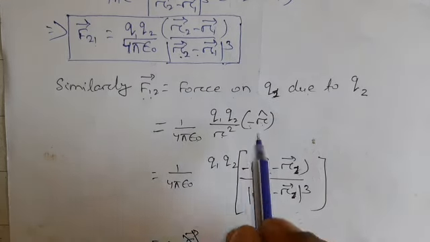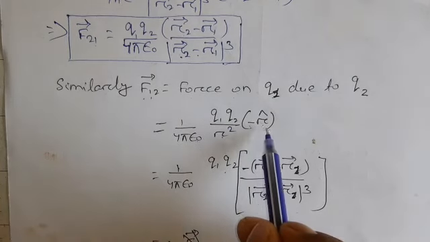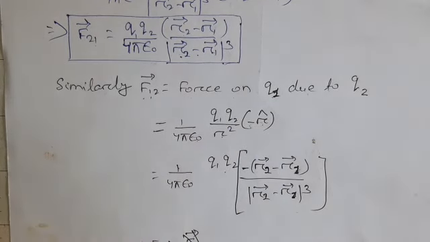This minus R cap, then I will write here 1 by 4 pi epsilon naught Q1 Q2 in place of R cap. Okay, in place of R cap.